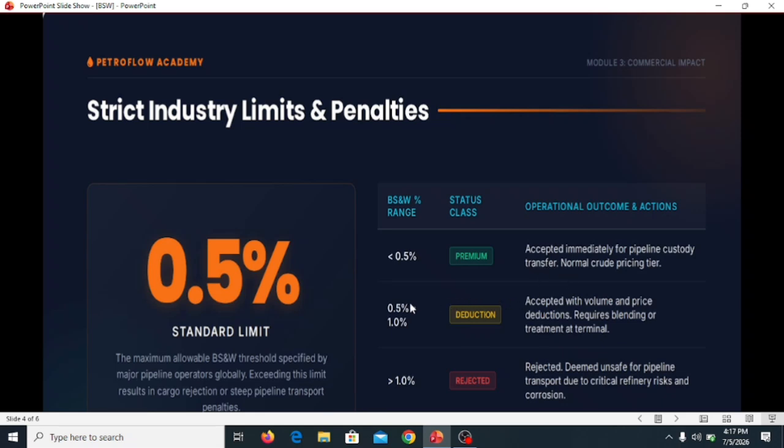So if the crude oil is between 0.5% and 1.0, it is accepted with value and price deduction.